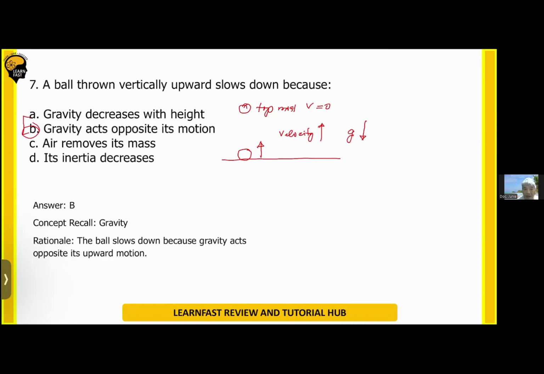So if you have gravity that acts on a ball that was propelled upward, the ball will slow down because the gravity acts opposite to the upward motion of that ball.